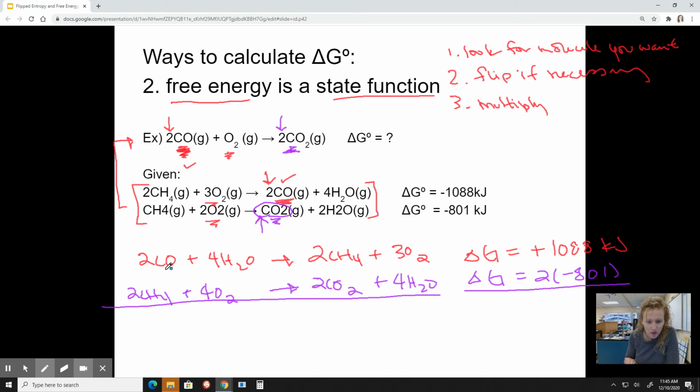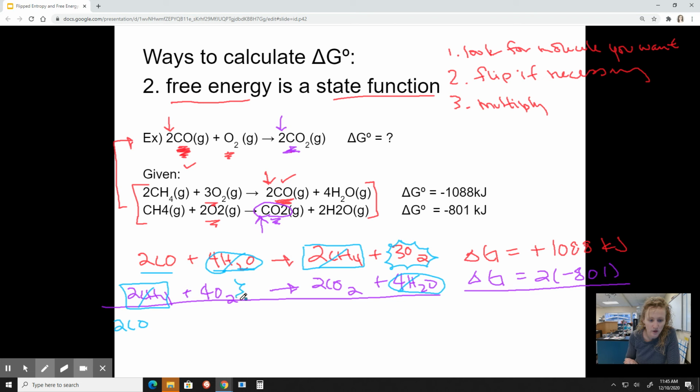Okay, so carbon monoxide shows up here and it doesn't show up anywhere else. So 2CO. Water shows up here and also here, so water is going to reduce itself out. Methane shows up here as 2 methane. It also shows up here as 2 methane, so that's going to reduce itself out. Oxygen, I have 3 oxygen here.